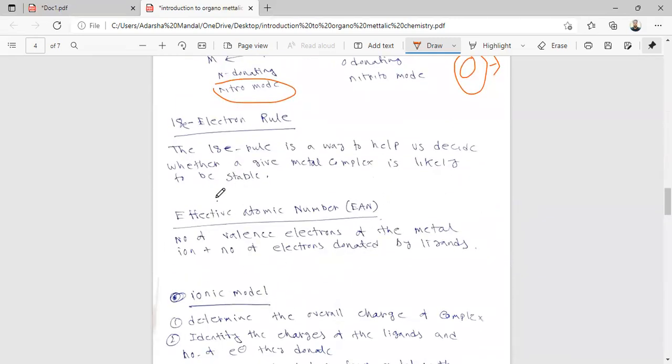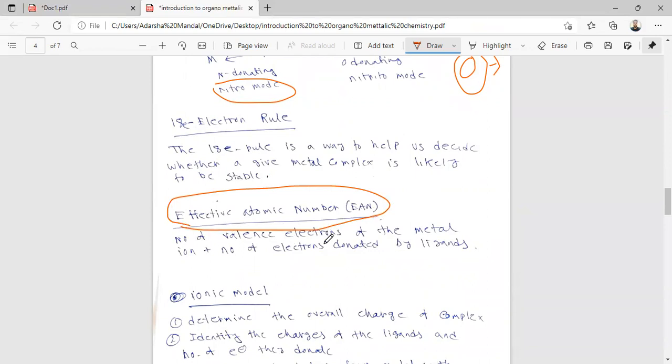For this 18 electron rule, we have to count the total valence electrons in the organometallic compound. That is called the effective atomic number, EAN.